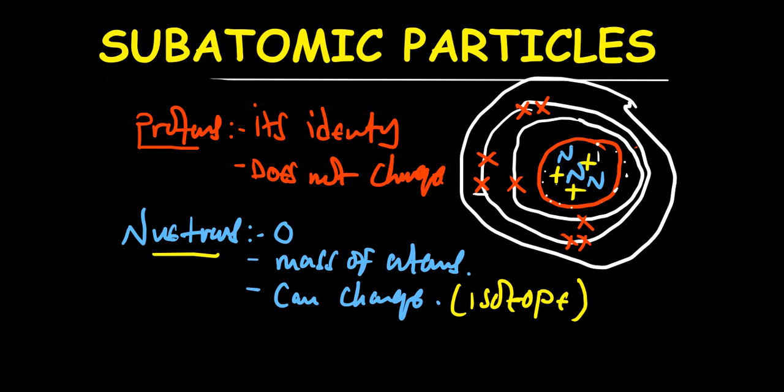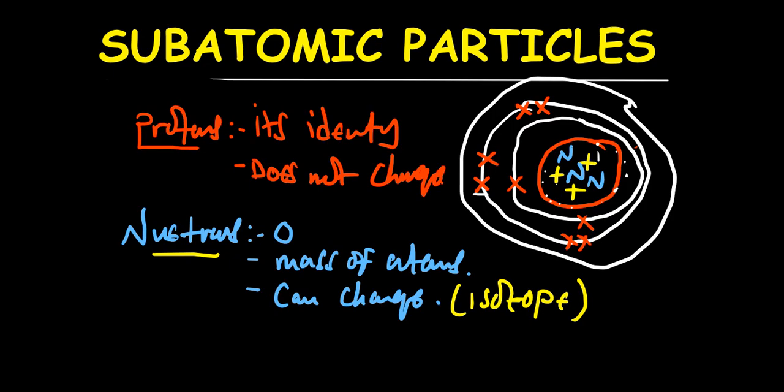Isotopes. So the number of neutrons can change, and when it changes, it causes that element to have what? Isotopes. And then what is the importance of the neutrons? They contribute to the mass of the atom, or to the weight of the atom. All right, so that's very important to take note.